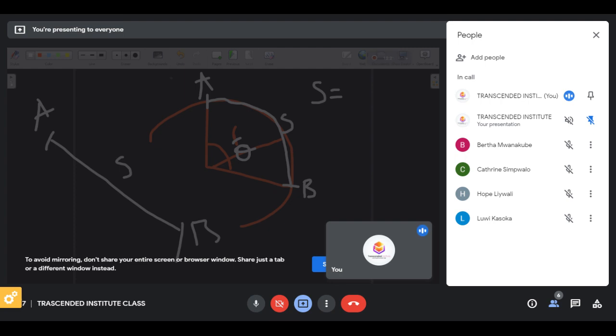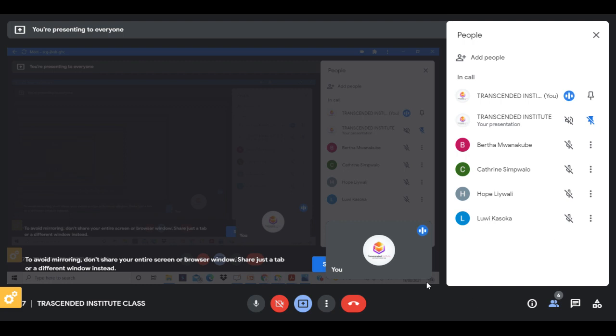The length of the arc AB, which we are saying is S, is equal to the product of the radius of the circle by theta. It's that simple. Are we together?